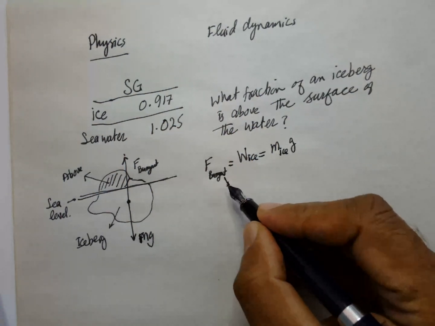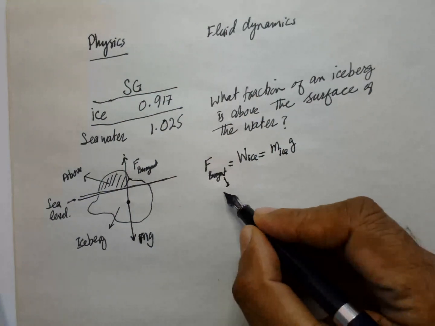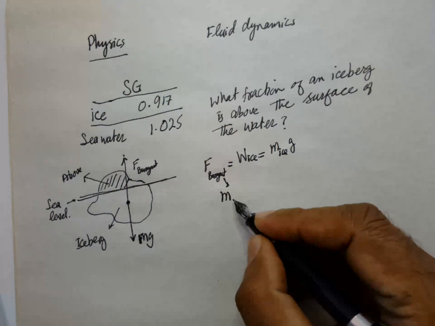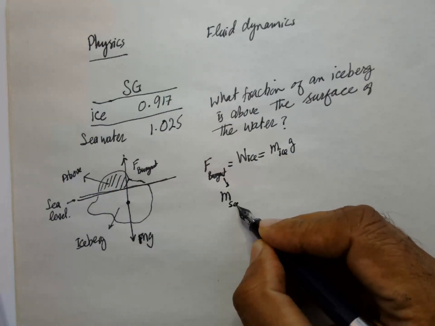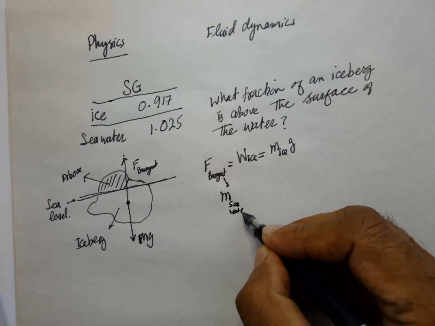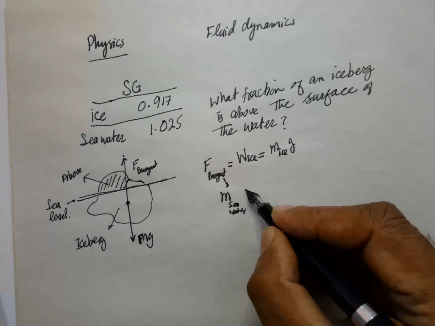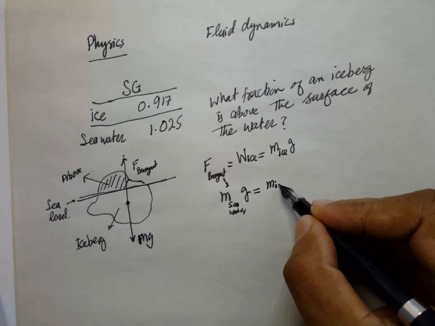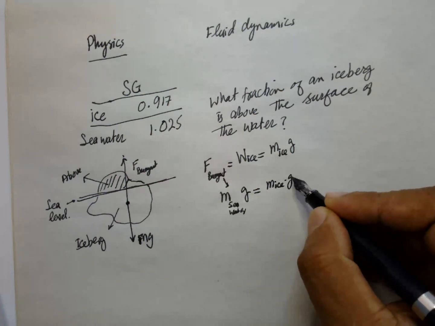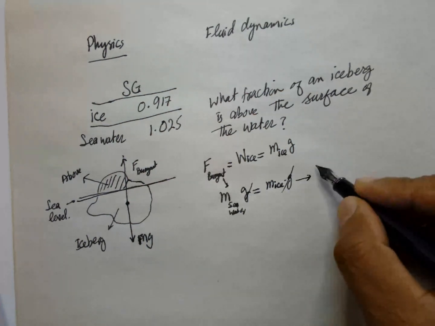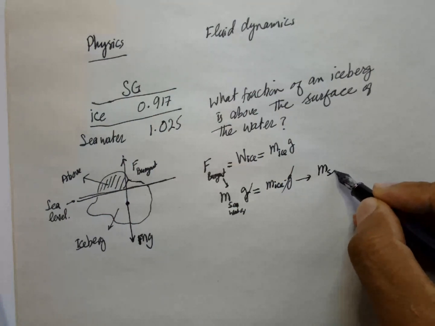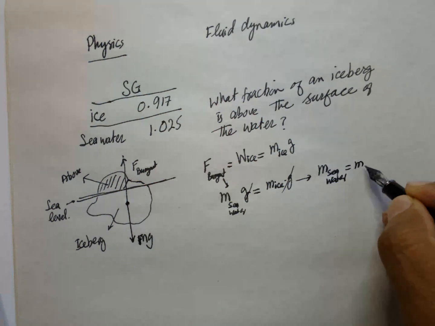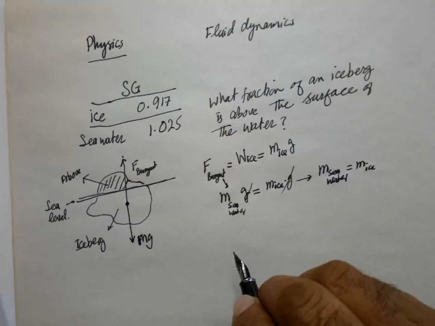And this is equal to the mass displaced by the water, mass of the seawater, multiplied by g, is equal to mass of the ice into g. So g cancels, that means mass of the seawater is equal to mass of the ice.